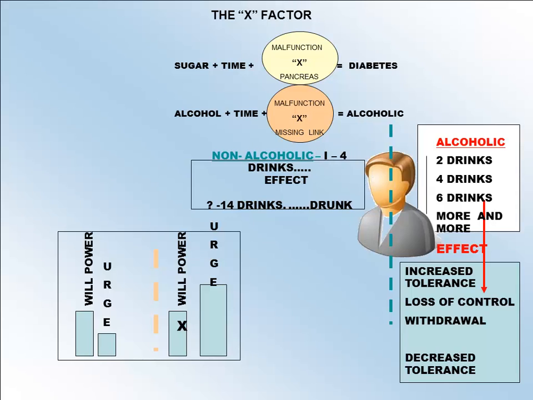When we look at another part of my picture, I again deal with the non-alcoholic person and the alcoholic person dealing with this substance called willpower, and that willpower in the struggle to deal with the urge to drink more.